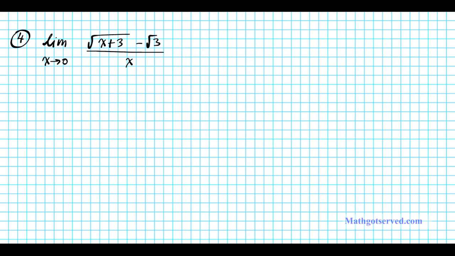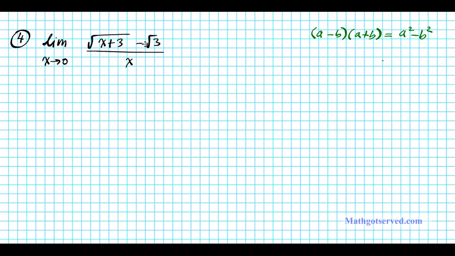So how do we cancel out radicals? We're going to make use of the conjugate, right? The whole idea of conjugate lies in the fact that if you have a minus b multiplied by a plus b, this is the factored form of what? This is the factored form of a difference of squares, a squared minus b squared. The same process here.